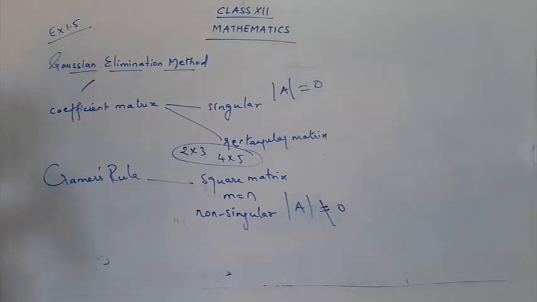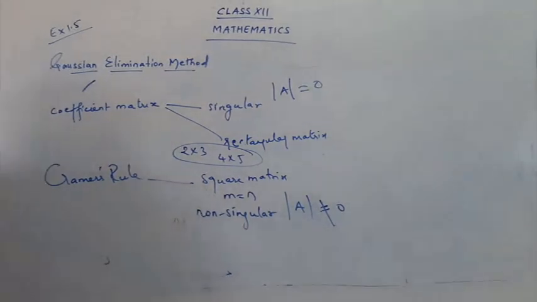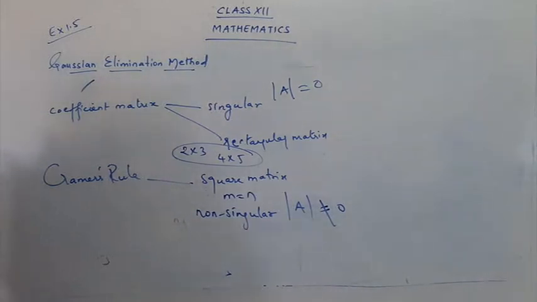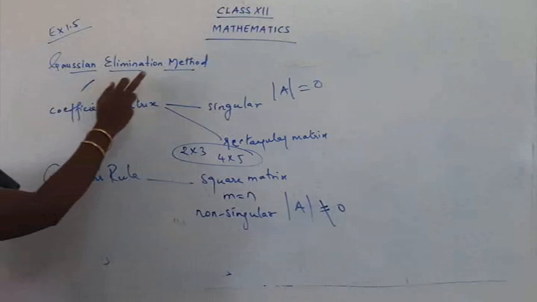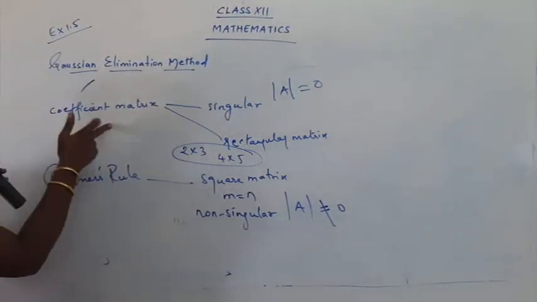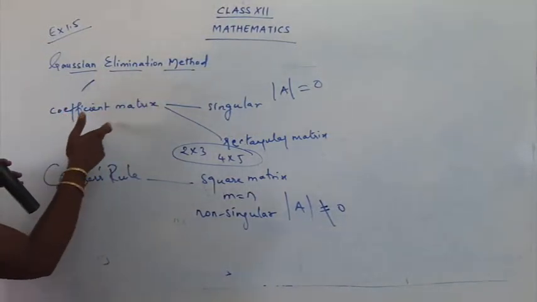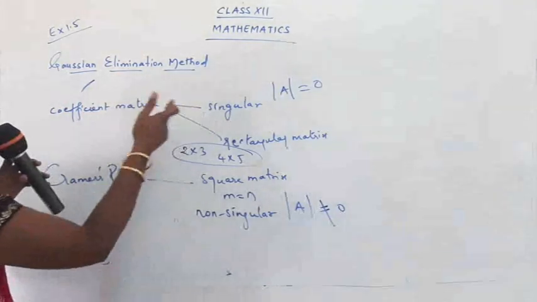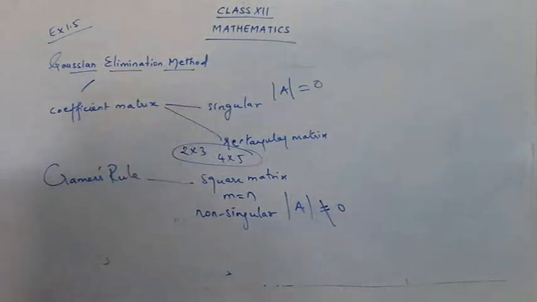So let's repeat once again the rules for Gaussian and Cramer's, and then we continue with our exercise 1.5. We can apply the Gaussian elimination method even if the coefficient matrix is a singular matrix or a rectangular matrix. Singular matrix: the determinant of A is equal to 0.